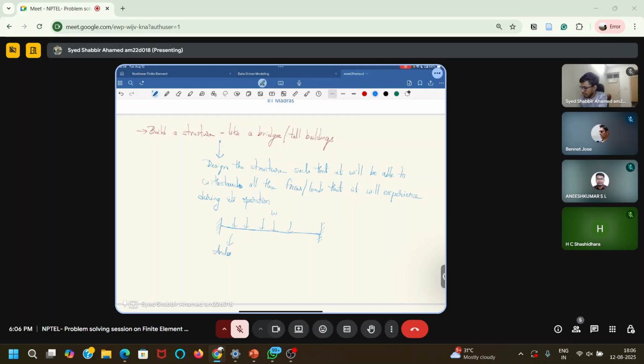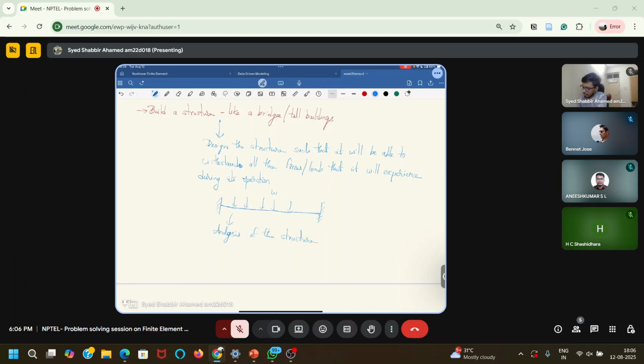Analysis of the structure, or you can also say structural analysis. So you try to analyze the structure. If you see that the structure is behaving weirdly, or the bridge is bending too much because of this thickness, you go and increase the thickness of the beam and again do the analysis.